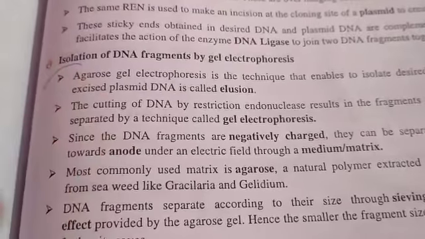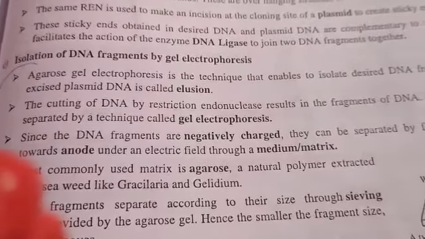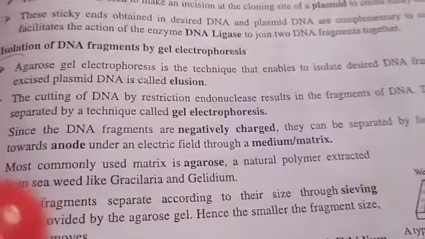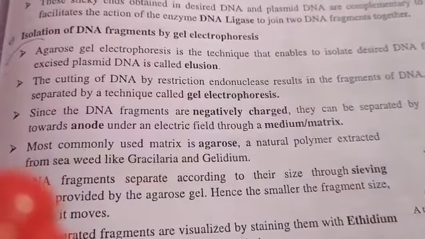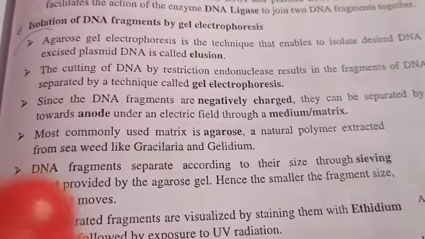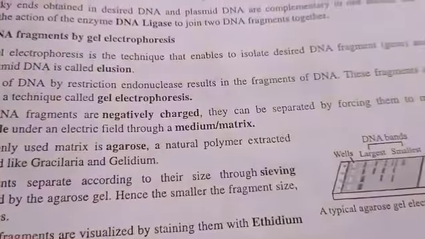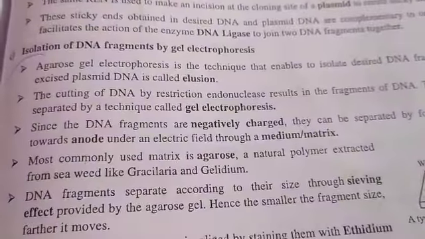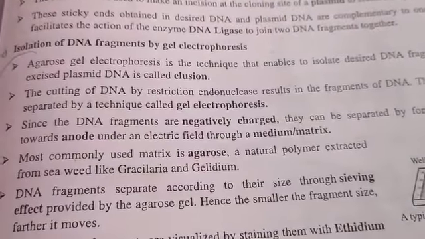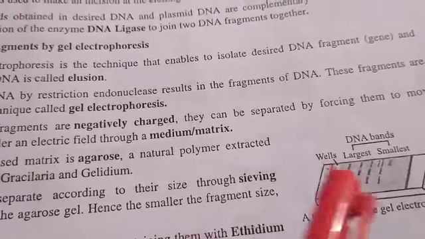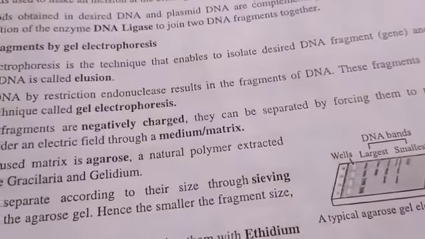Electrophoresis is a technique that enables isolation of the desired DNA fragment gene and excised plasmid DNA, which is called elution. The cutting of DNA by these enzymes results in fragments of DNA. These fragments are separated by a technique called gel electrophoresis. We use this tank to separate the fragments of DNA.